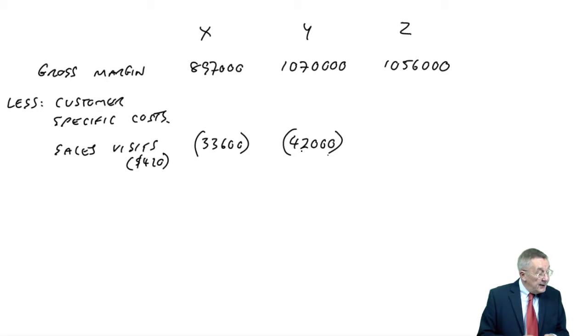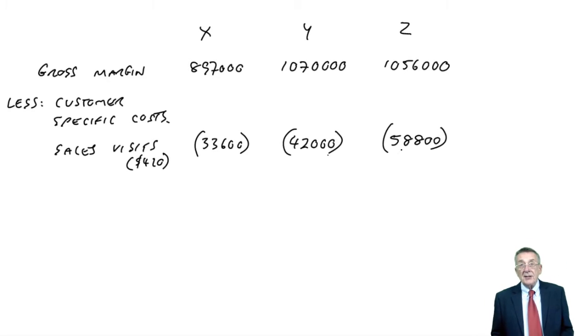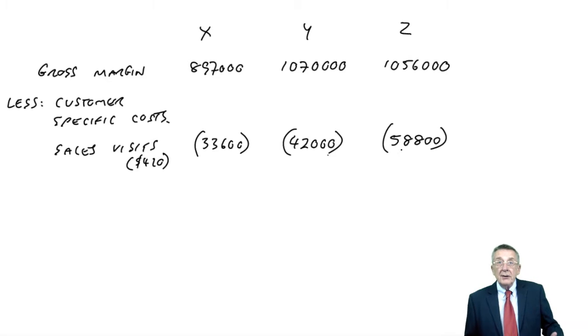And for Z, 140 visits at 420 each time is 58,800. So it's just like activity-based costing, but we're applying the costs here not to individual products but to the customers. These are sales-related costs.